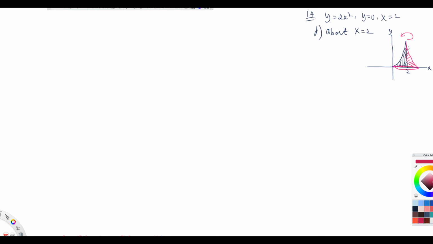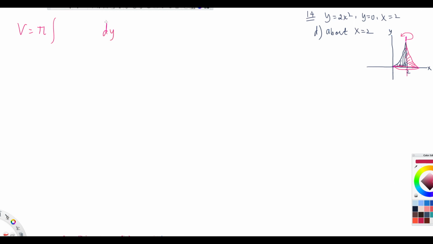All right, and you are revolving around that line. You see that? That's the line that you are revolving about. Since we are revolving around the vertical line, your volume formula, volume equals pi and then something there, and then you write dy.